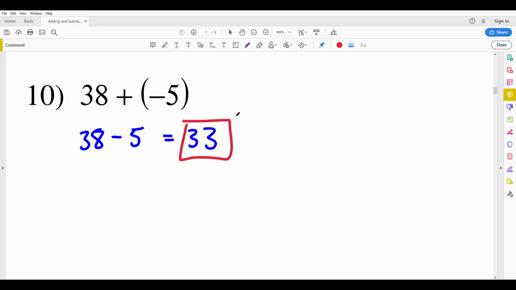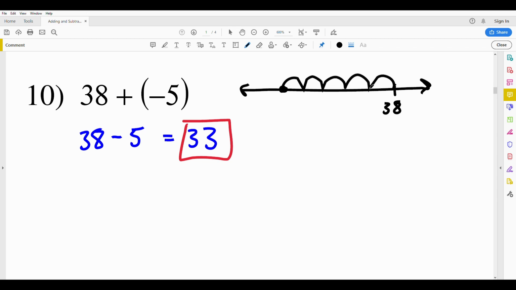So we're moving to the left 5. 38's here, and we're going to the left 5, 1, 2, 3, 4, 5 to this point, which would be 37, 36, 35, 34, 33. You started out with $38, you paid $5 for something, you only have $33 left.